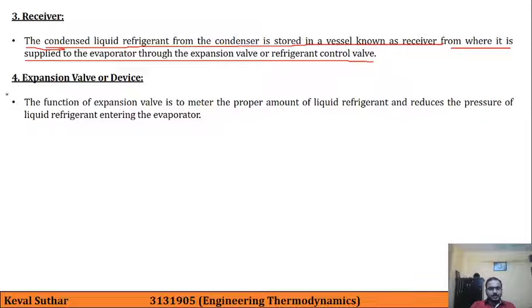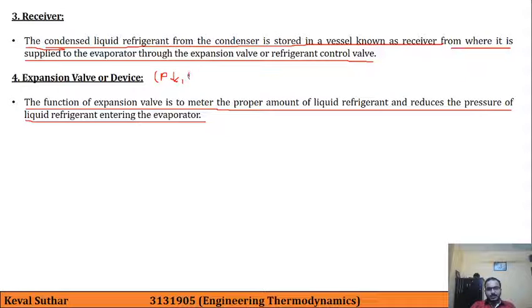Here the function of expansion valve is to meter proper amount of liquid refrigerant and reduce the pressure of liquid entering the evaporator. So here pressure is reduced, there is not much change in temperature and it remains liquid.